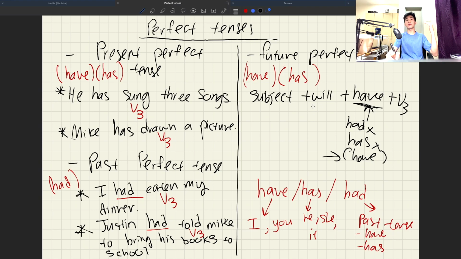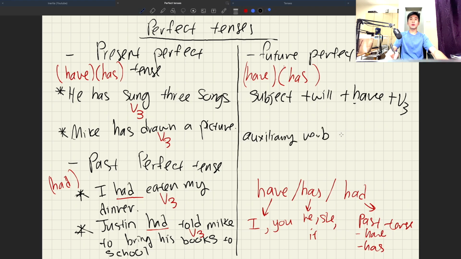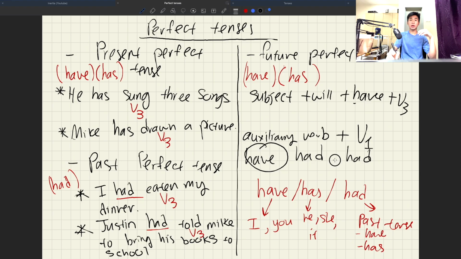If we have an auxiliary verb, the following verb must be in the base form, the first form. The first form of have is have, and the second form is had, and had. So in this case, we choose have. We can't use the other two. So we just use have.